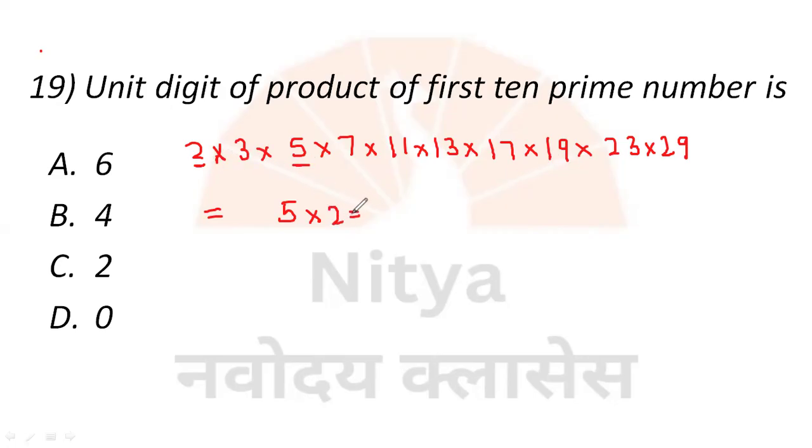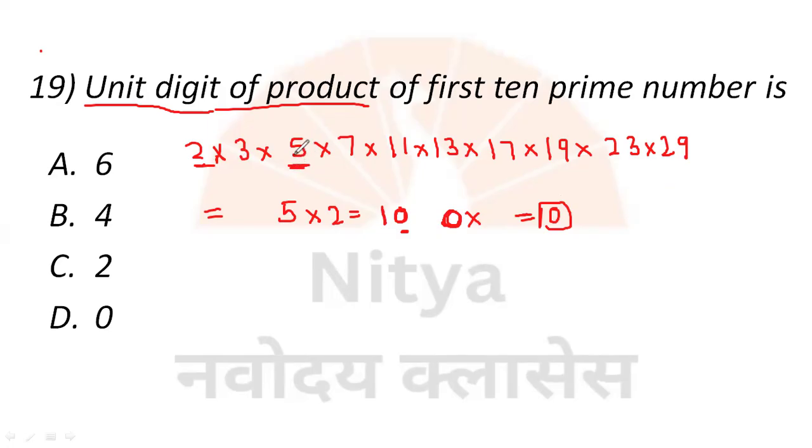So when we multiply 5 into 2, that is 10. So you have to focus only on the unit digit, because they are asking for the unit digit of the product. So 0. You already know that when we multiply any number by 0, you get the result 0. So see here, you don't need to do all the digit multiplication. Using this trick you can solve the question easily.